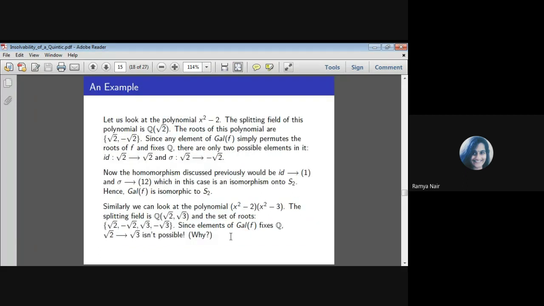Now we look at the Galois groups of certain polynomials, or at least try to understand what the Galois group of a polynomial looks like. So what is this notation Gal f?